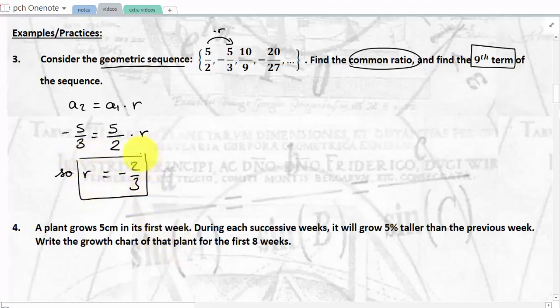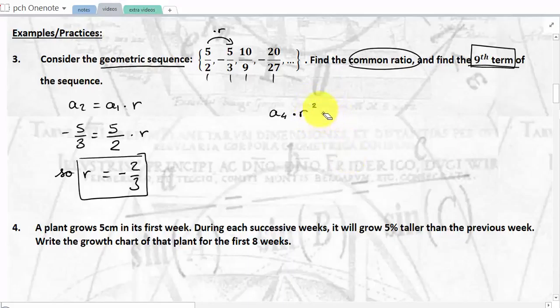We have our ratio. Now, I want you to find the 9th term. Which one is the last one I'm giving you? 1, 2, 3, 4. So I'm giving you A4. Now, what happens to A4 if you multiply by R? You would find A5. Multiply by R again, you would find A6. Now, instead of writing times R, I'm going to write R squared.